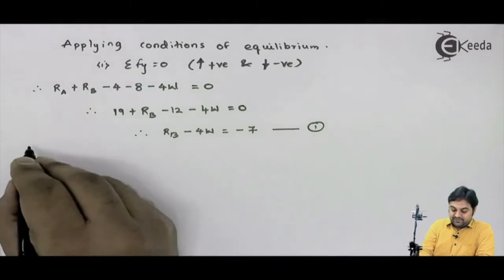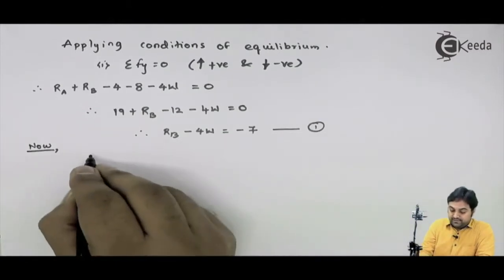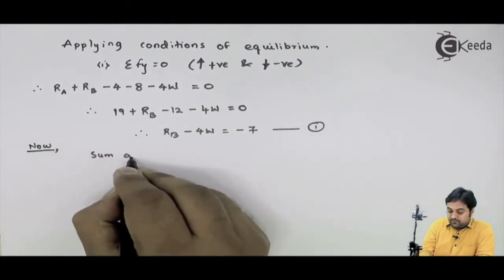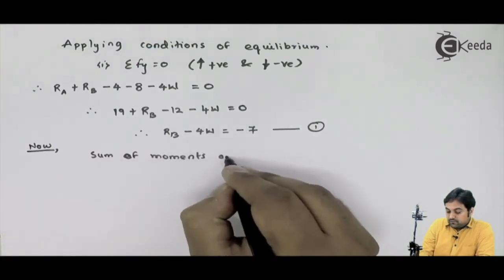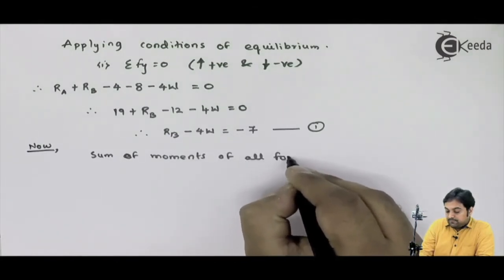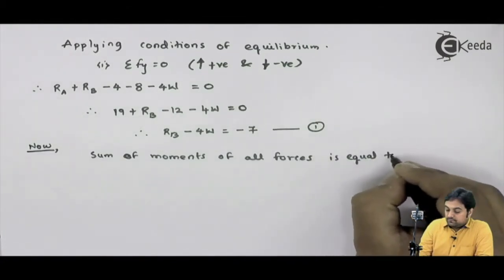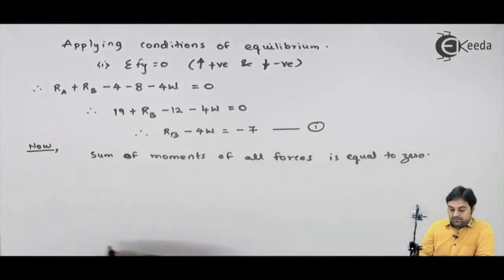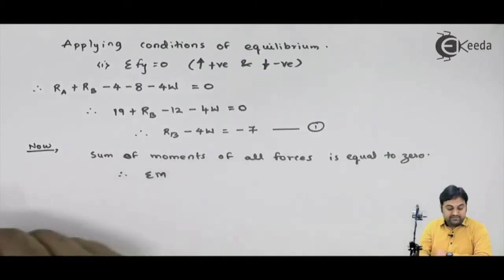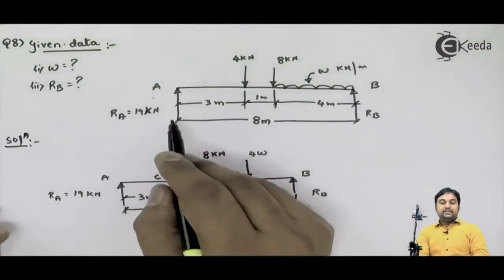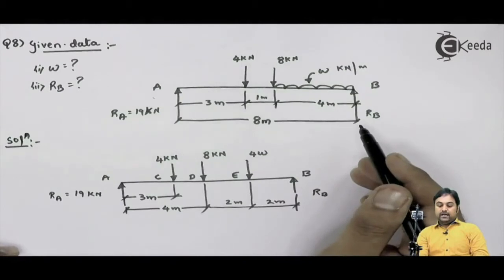After using the first condition of equilibrium, now I will be using the second condition, that is sum of moments of all forces is equal to 0. Since I have reaction at A, I will not be taking the moment at point A. I want to find out Rb.